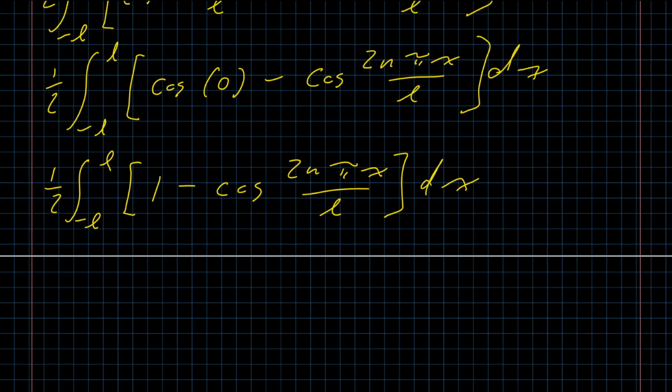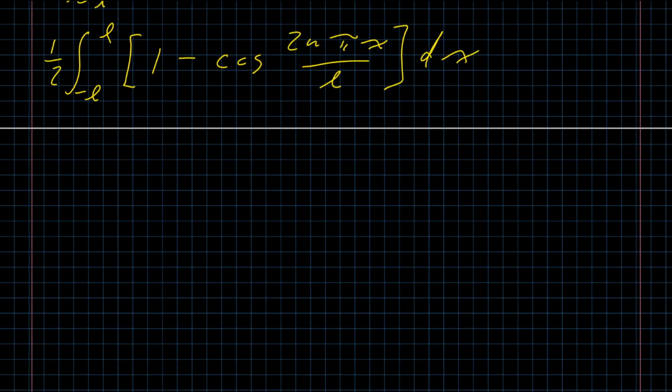And 1 is in fact an even function. So we can use the same trick that we used previously here as well. We can double it, changing the lower limit of integration from minus L to 0. 2 times 1/2 just cancel each other out yet again.